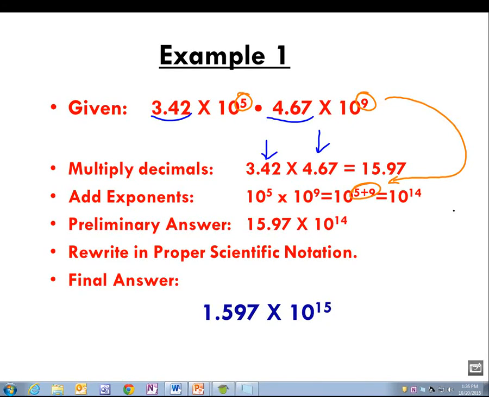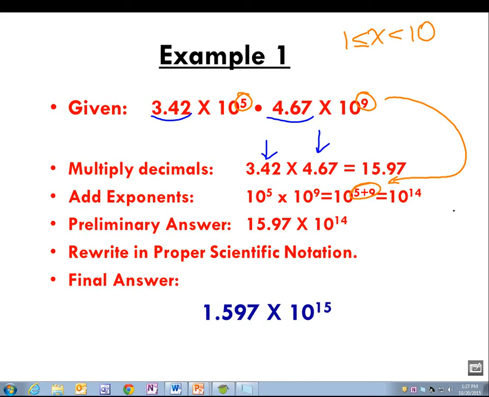And that will give us 15.97 multiplied by 10 to the 14th. But that is not proper scientific notation. Proper scientific notation is where x is greater than or equal to 1 but it is less than 10.